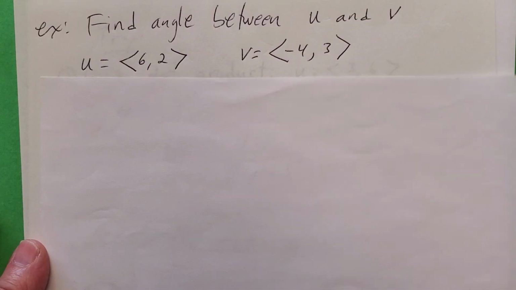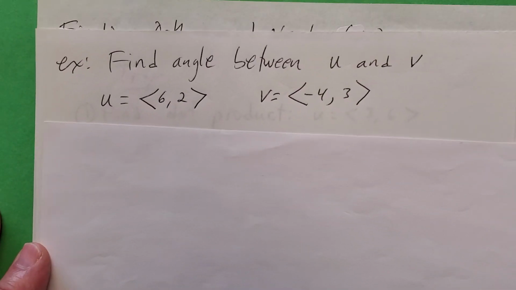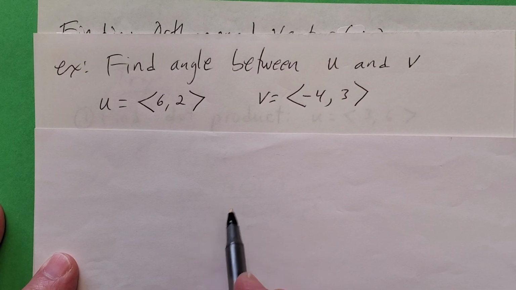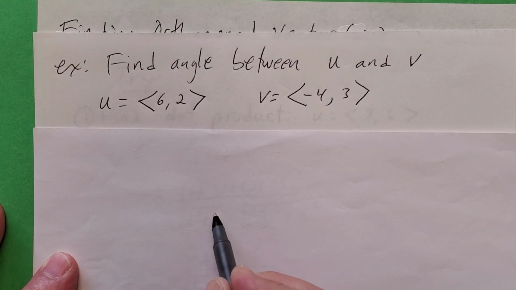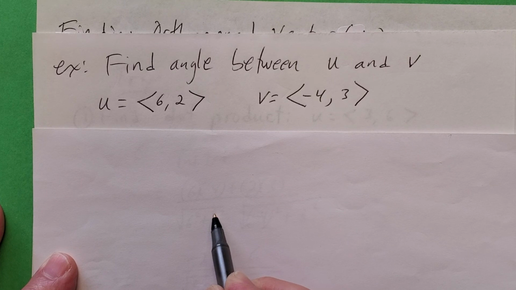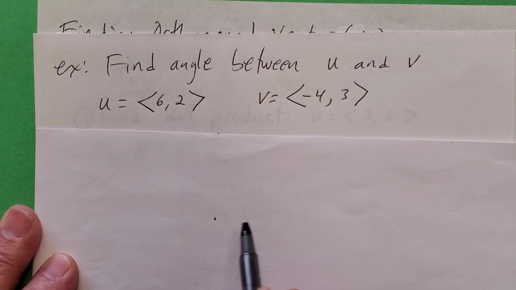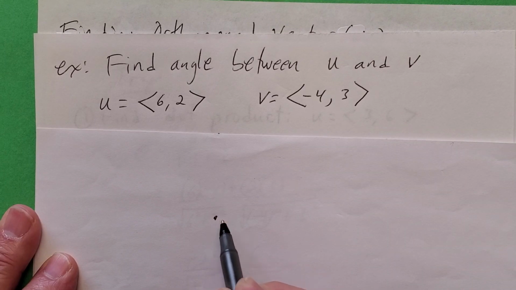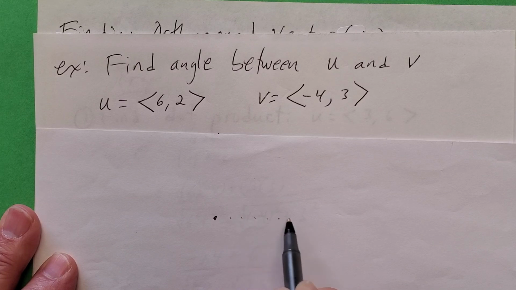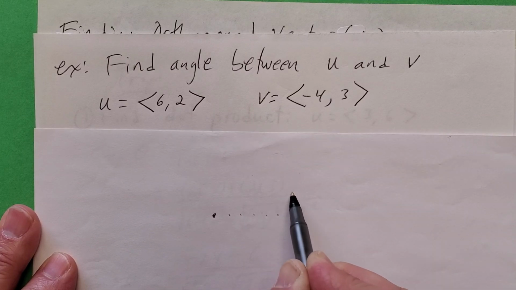Hey, you know what? Just for the heck of it, let's draw them. So let's start here. U would be 6 across, 2 up, right? You don't have to do this, just watch. 6 across, 1, 2, 3, 4, 5, 6, 1, 2 up.